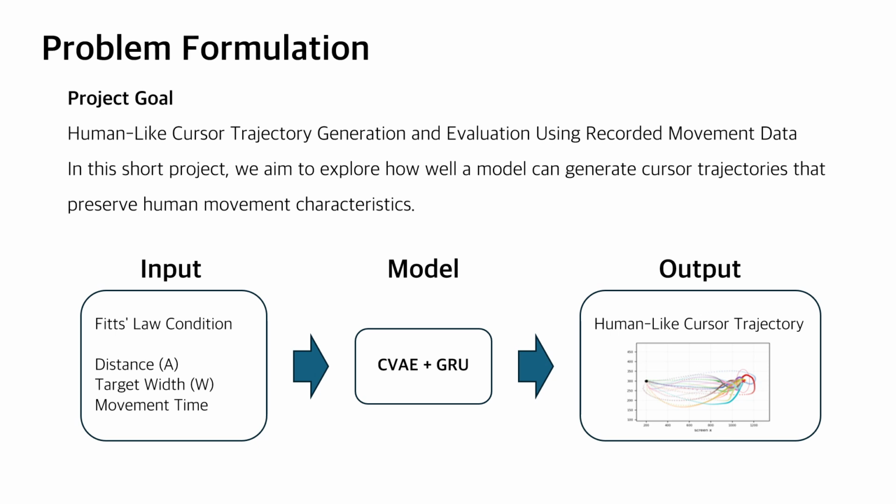Our project goal is to generate human-like cursor trajectories from recorded movement data. Specifically, we want to learn how task conditions such as movement distance and target width affect human cursor movement. Then, instead of collecting new user data every time, we aim to generate realistic trajectories computationally. This leads to the basics of the Fitts' law task.